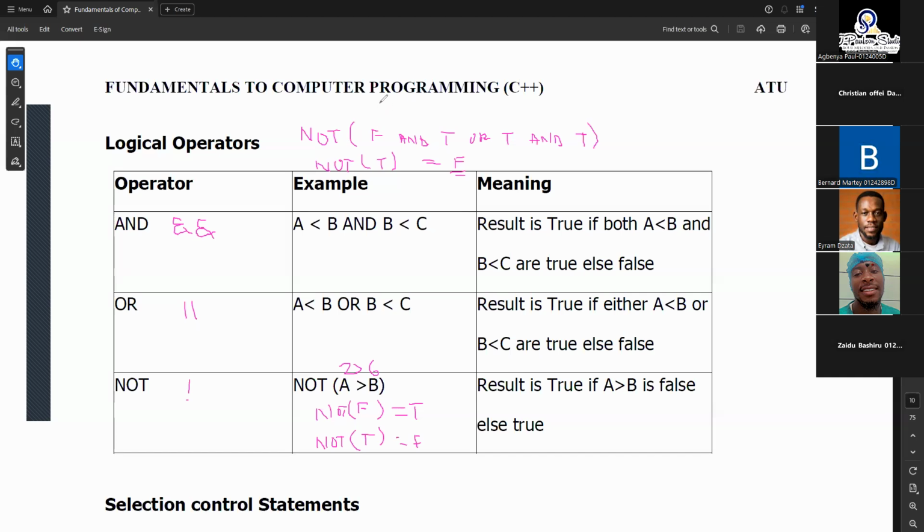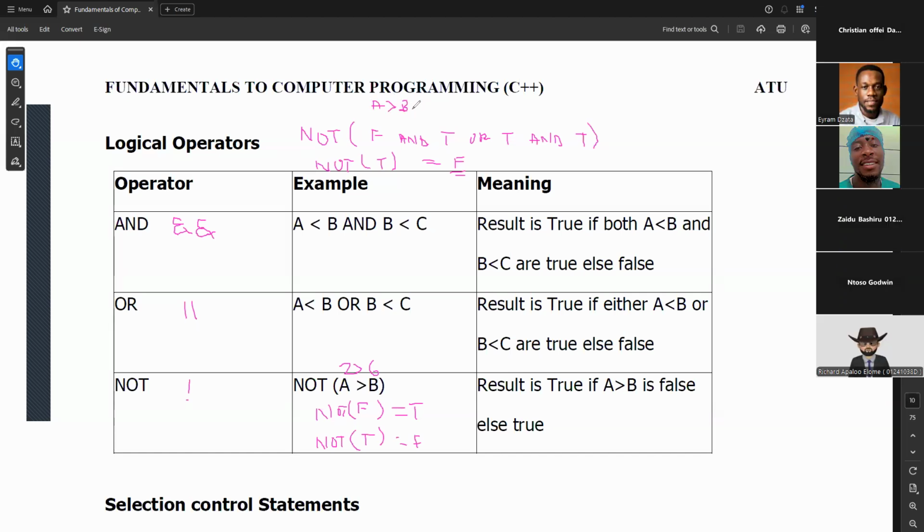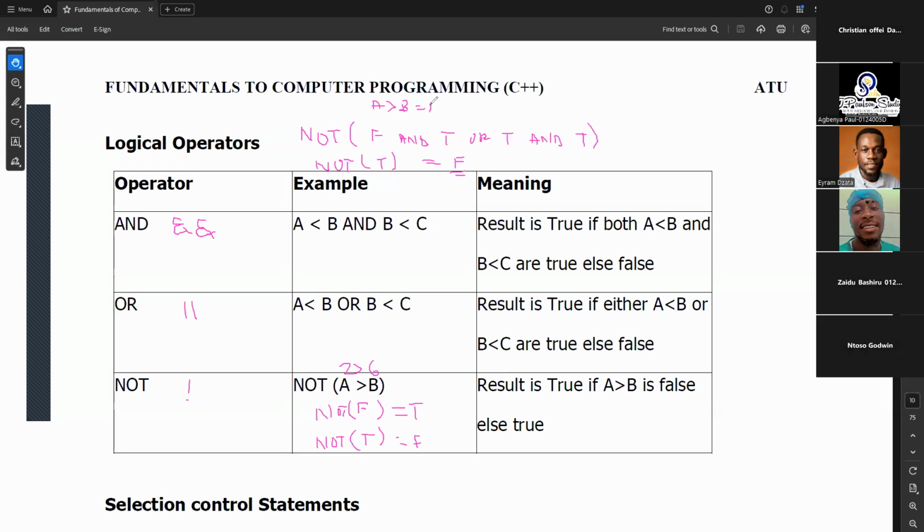Oh, I did it A is greater than B, which makes it false. Maybe you didn't see it well. Yeah, so that was how come we had false at the first instance. The first expression gave us false. Oh, okay, sir. Thank you.